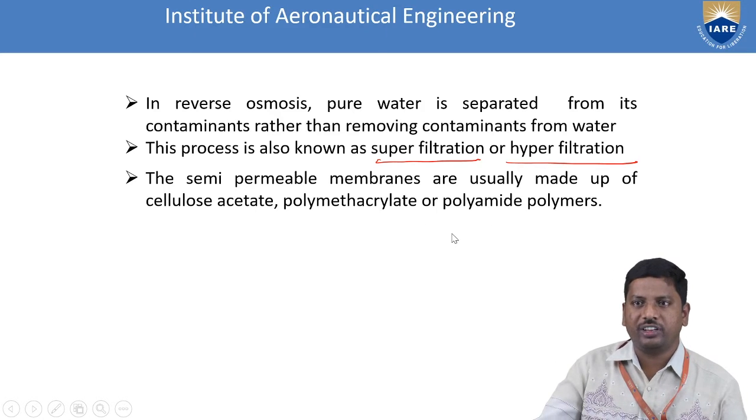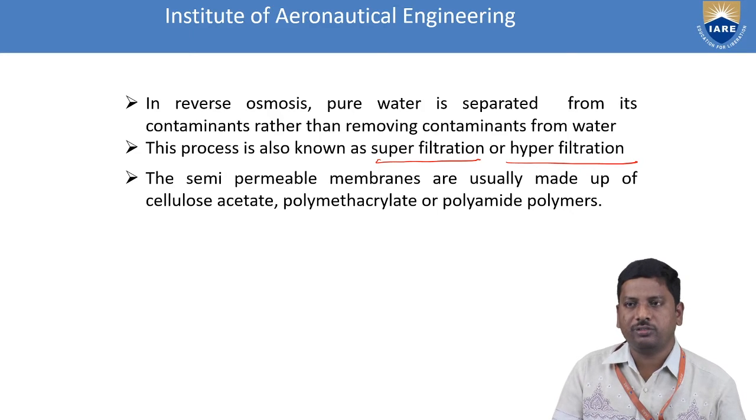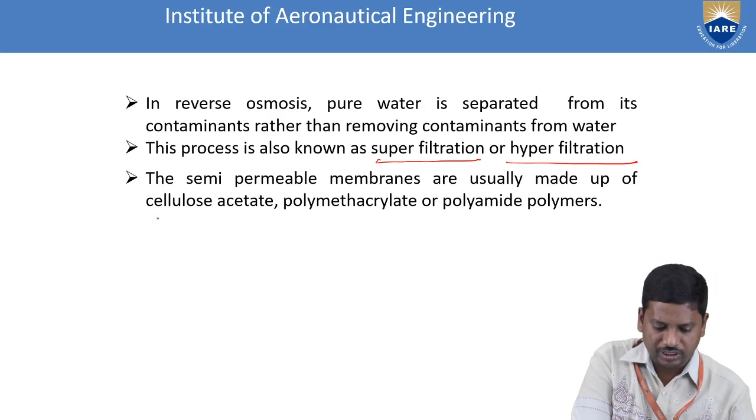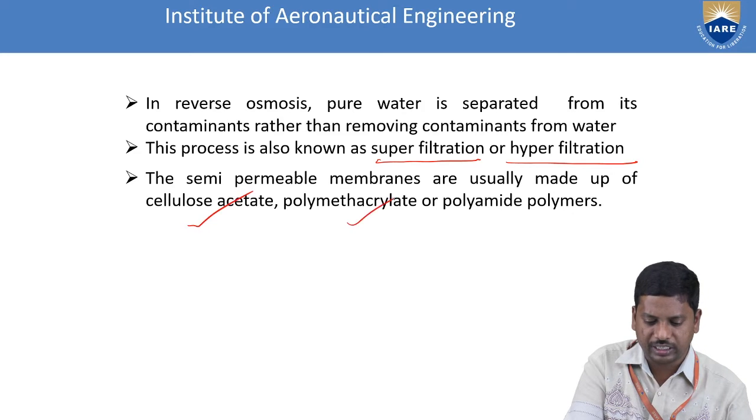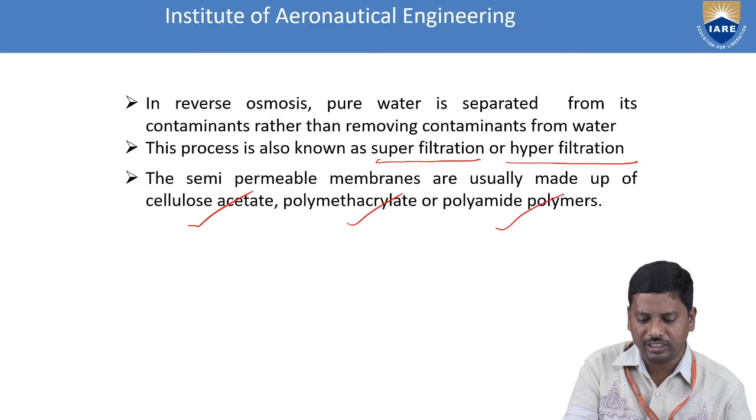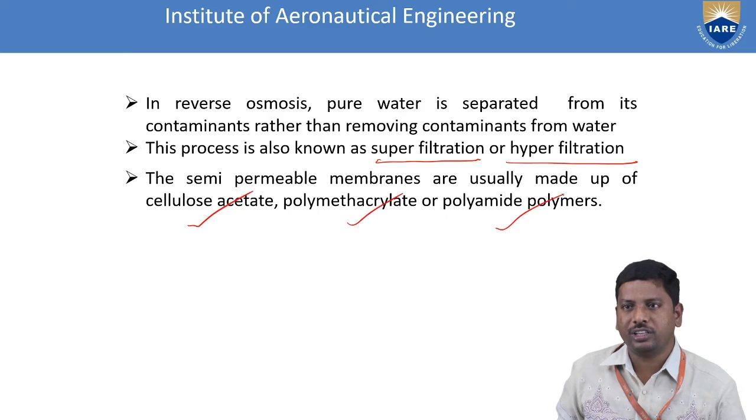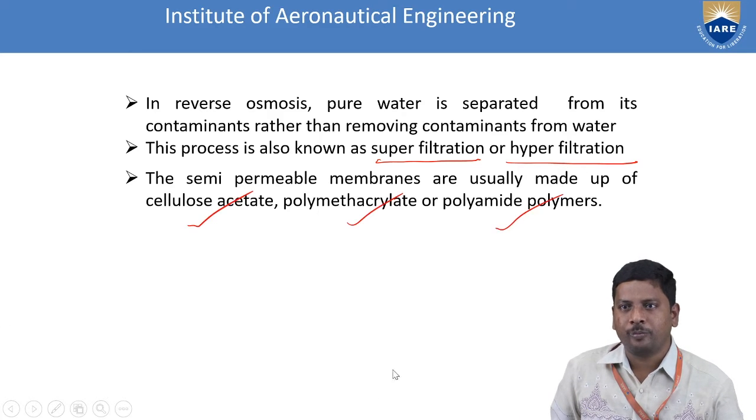These three materials are very important for manufacturing the semi-permeable membrane. Out of the three materials, you can choose any one for the preparation of the semi-permeable membrane.